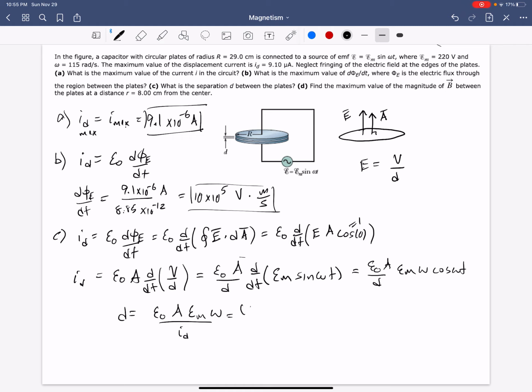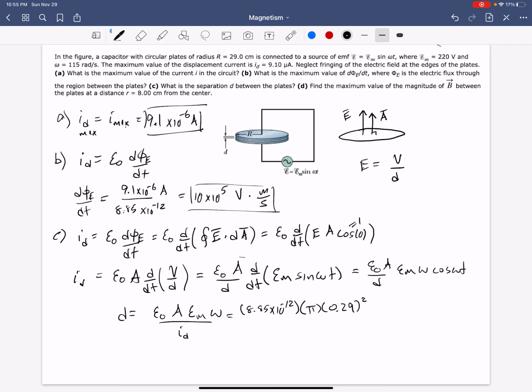Plugging in all of these values, we get 8.85 times 10 to the minus 12. The area is the area of the entire plate, and the radius is given, so that's pi times 0.29 squared, since it's 29 centimeters.